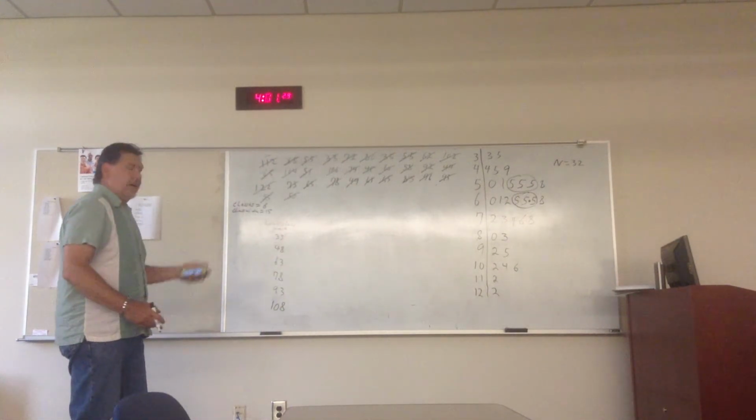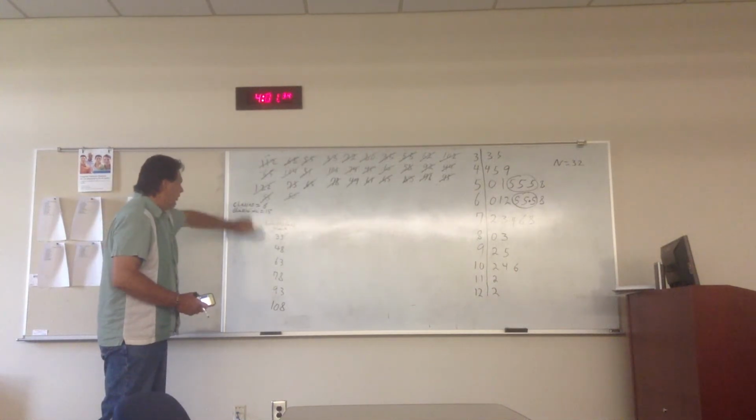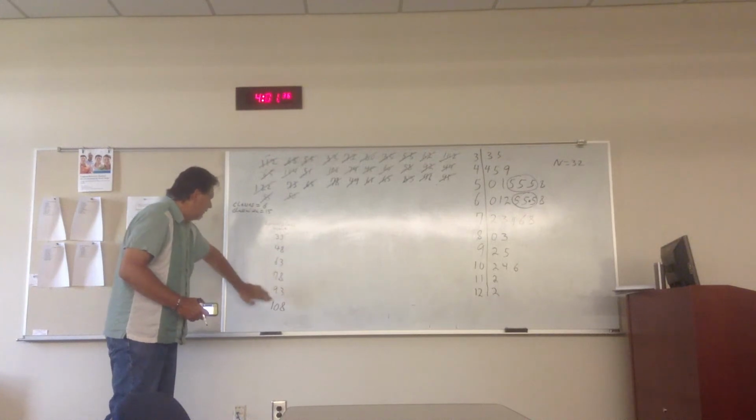Okay, I've got my lower class limits by using my class width. And I have 6 classes, 1, 2, 3, 4, 5, 6.